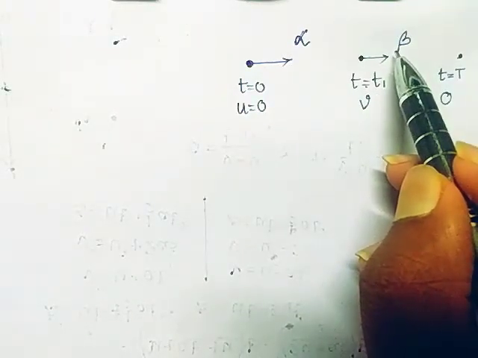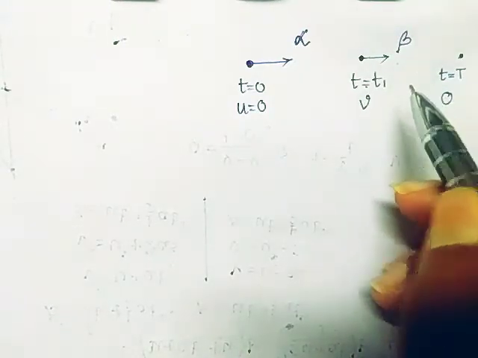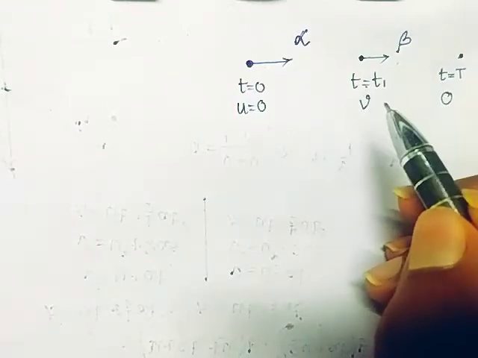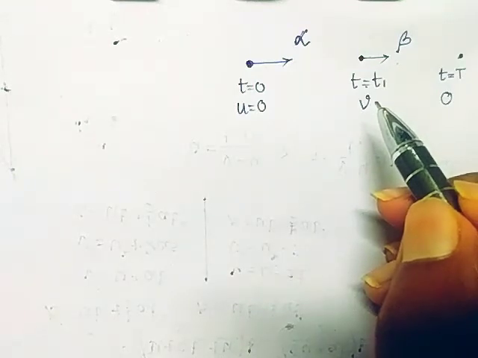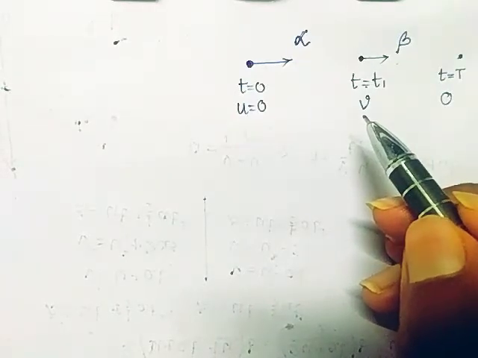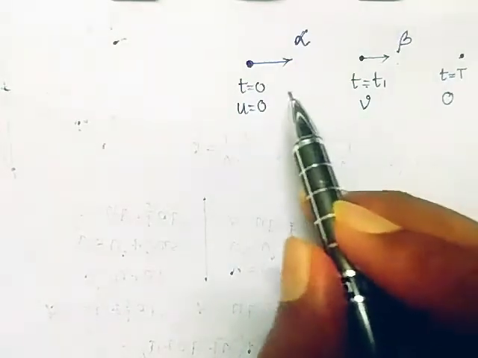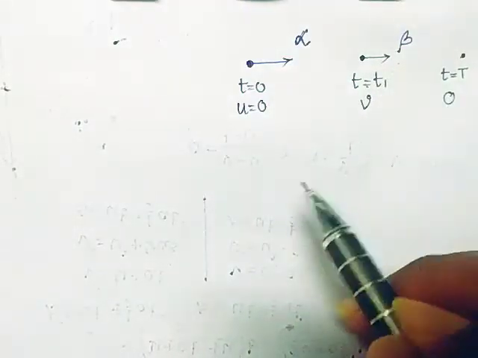So if I want to write down the equations of motion, we know the three equations of motion, but now I am writing down the equation of motion relating the time and distance. I want to calculate the total time taken by it, and the distance.